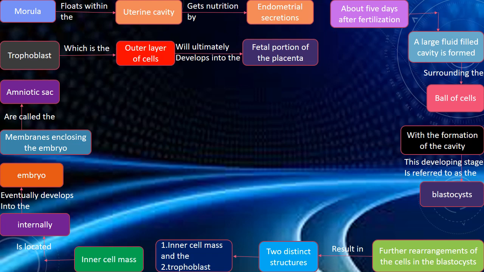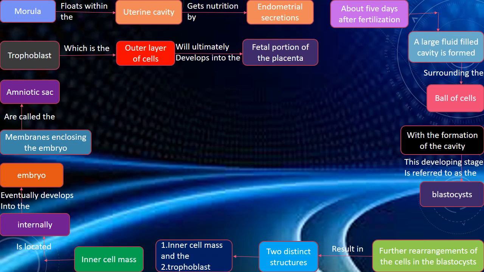Further arrangement of these cells in the blastocyst results in two distinct structures: the inner cell mass and the trophoblast. The inner cell mass is located internally and eventually develops into the embryo.